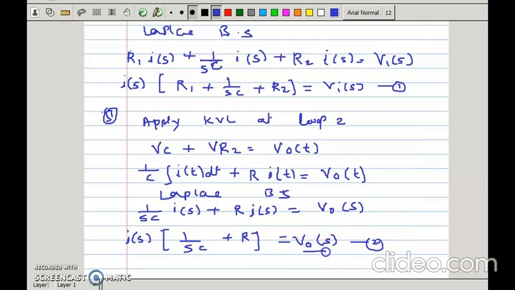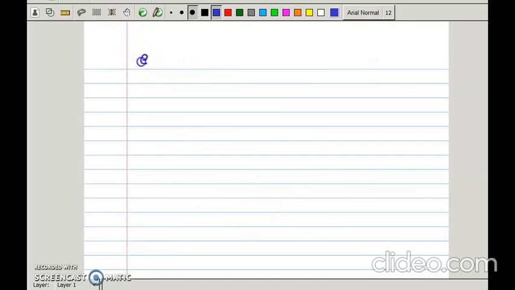See, equation number 2 has Vo of S, equation number 1 has Vi of S. Let's divide equation number 2 by equation number 1. Okay, we are taking division here. So equation number 2 is Vo of S, and equation number 1 is Vi of S, so it is a transfer function.